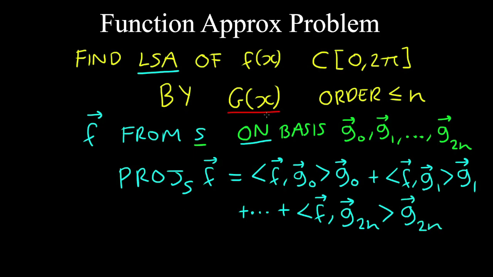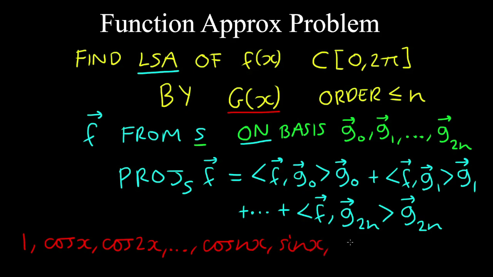So recall our trig polynomial was a linear combination of the following basis vectors. So 1, cosine x, cosine 2x, and so on, up to cosine nx, and sine x, sine 2x, and so on, up to sine nx, where n is a positive integer.